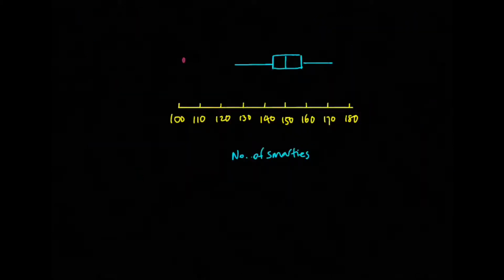But you'd probably say it's only slightly positively skewed, and if anything, it's more likely symmetric. So the median is 150, which is in line with how many they claim is in a packet, because they've said that there's 10 serves and 15 Smarties in a serve.